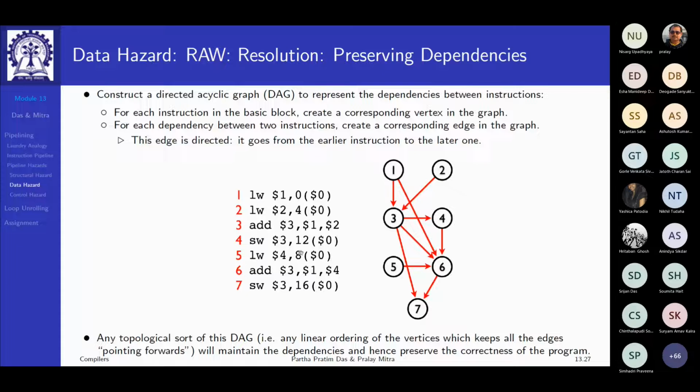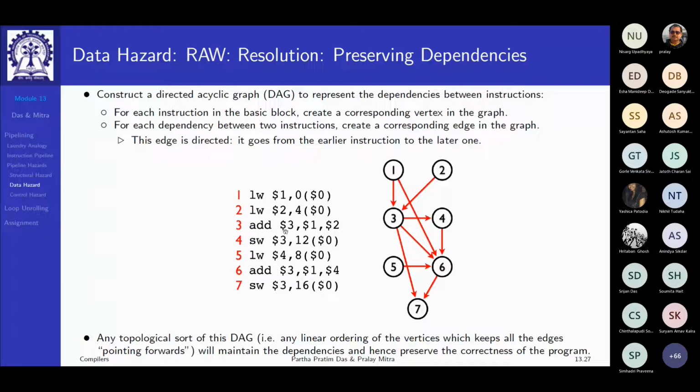So this is the dependency. This has to be preserved, right? Because you cannot read $1 before it has been loaded. Similarly, if we look at instruction 2, it is loading $2, which is read in instruction 3. So we have an edge from 2 to 3.